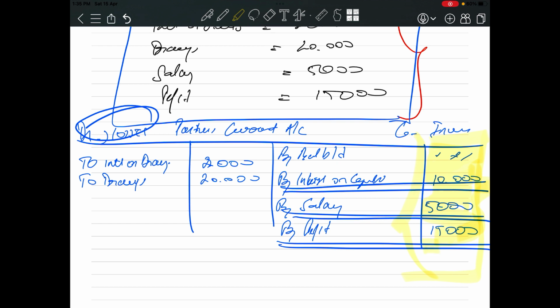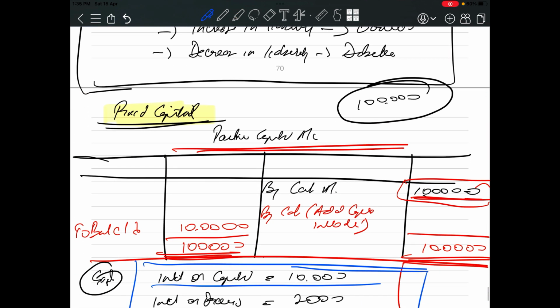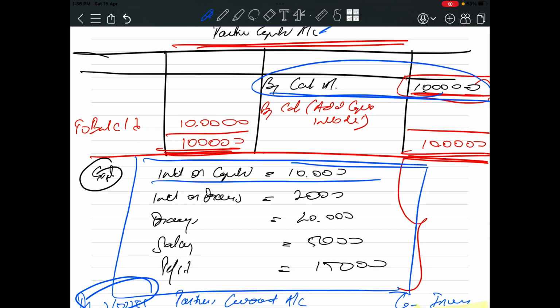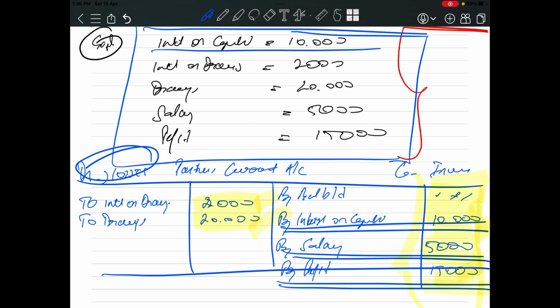And this total will be reduced by 22,000 because interest has been charged and he has withdrawn some money from the business. So this is how you will treat fixed capital account. Two accounts will be prepared. First one will be capital account, with the initial balance. The initial balance will not change, and all the transactions during the year will be transferred to the partner's current account.